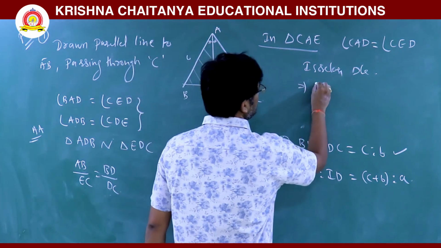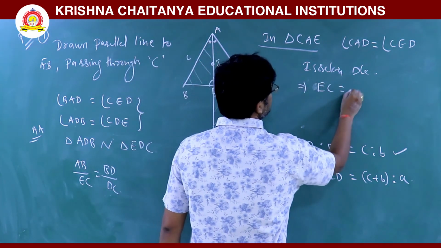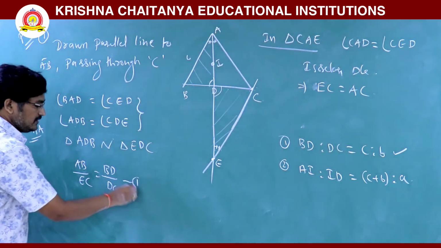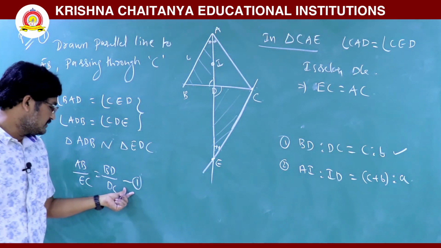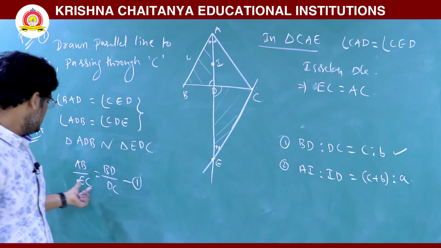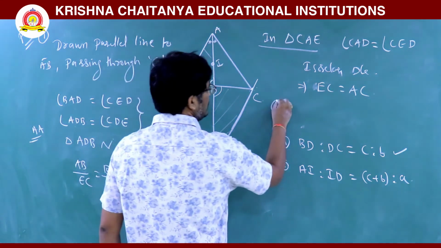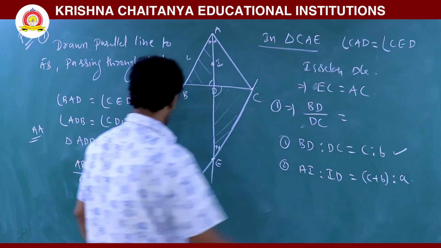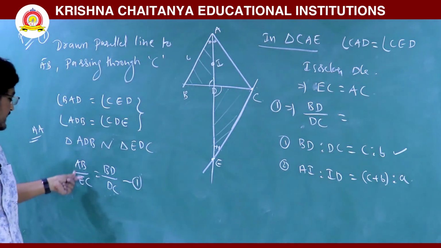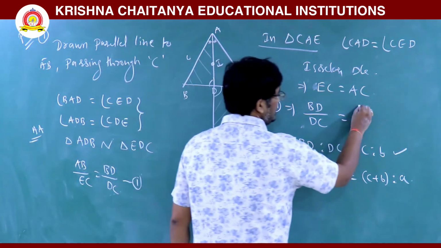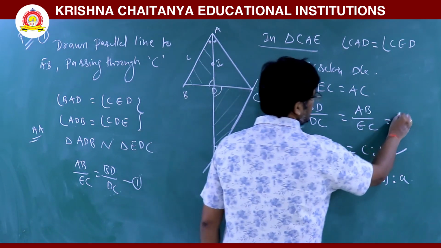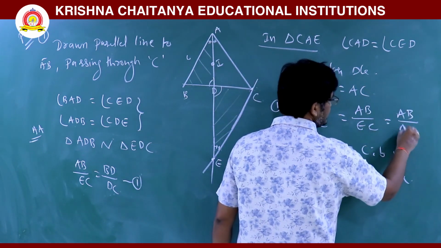Let us call this equation 1. Then from 1, BD by DC is equal to AB by EC, but EC is nothing but AC, so AB by AC.